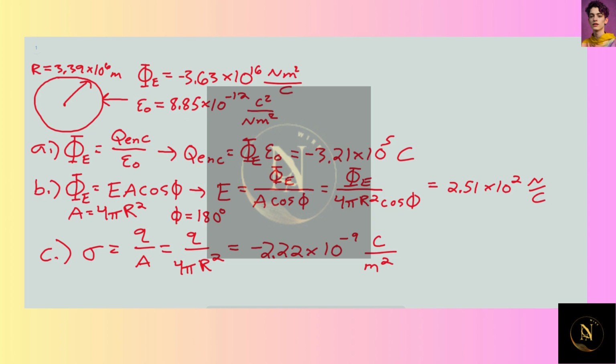as our final answer for part B. Part C asked us to find the charge density on Mars, assuming the charge is uniformly distributed. The charge density, denoted with the Greek letter sigma, is just how much charge is distributed over the total surface area. So we take our total charge Q, the total charge we just found in part A, because that's how much total charge is on Mars, divided by the total surface area of Mars.